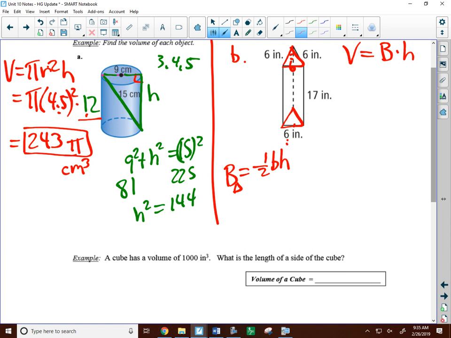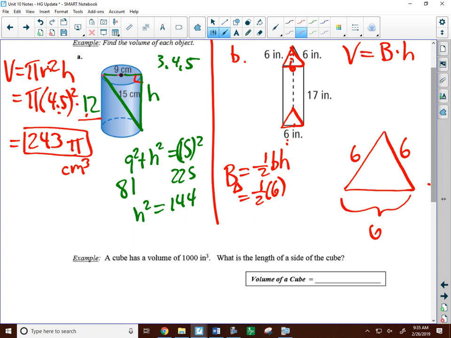Now we've done this once before. This is the second or maybe the third time we've seen it. Area of an equilateral triangle. So I'm going to redraw the triangle here so we can visualize it. They're all 6 for the sides. So if I'm doing the formula, it's 1/2 a base of 6.